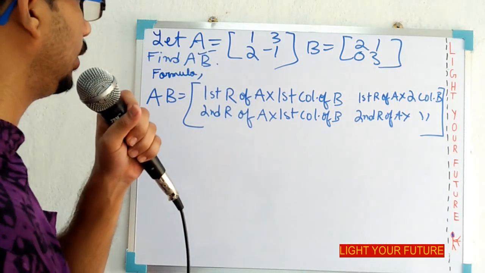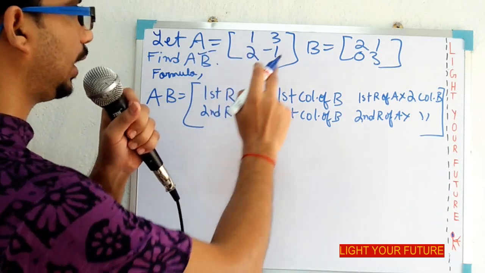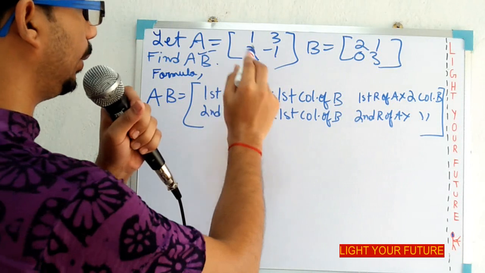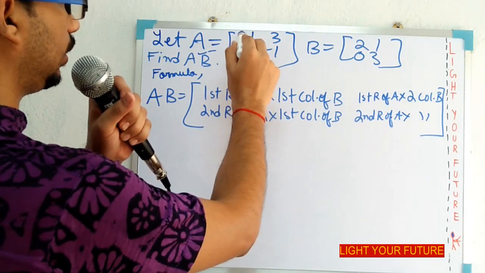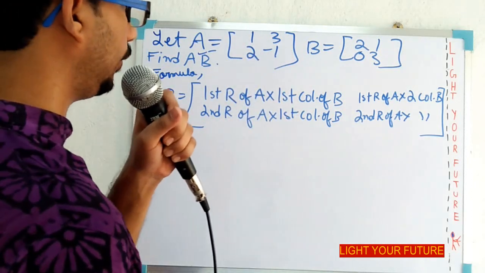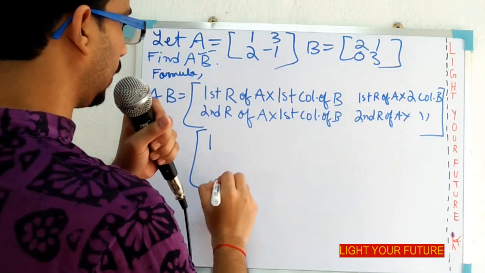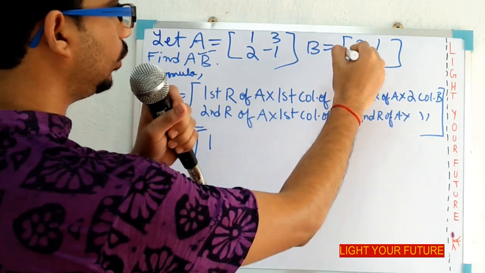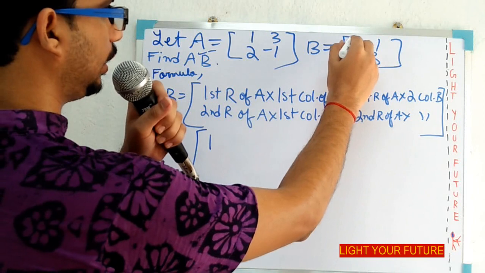Over here, it is given that A is 1, 3, 2, minus 1 and B is 2, 1, 0, 3. So we will put the elements over here. First row of A means this line, 1 and 3 is the first row of A. Therefore, we will take 1 over here, first row of A into first column of B, and 2, 0 is the first column of B. So we will take this 2 over here.